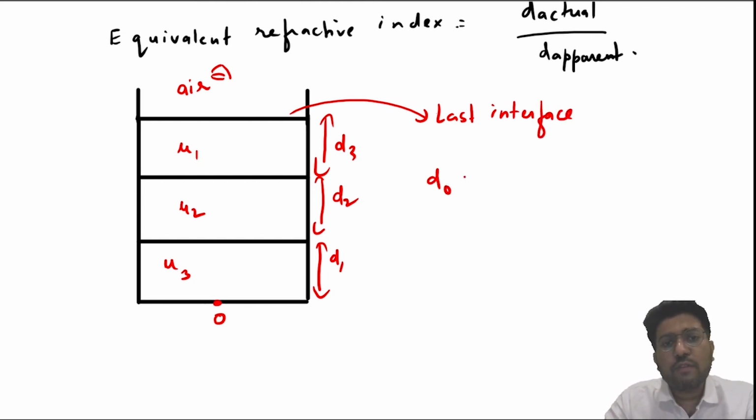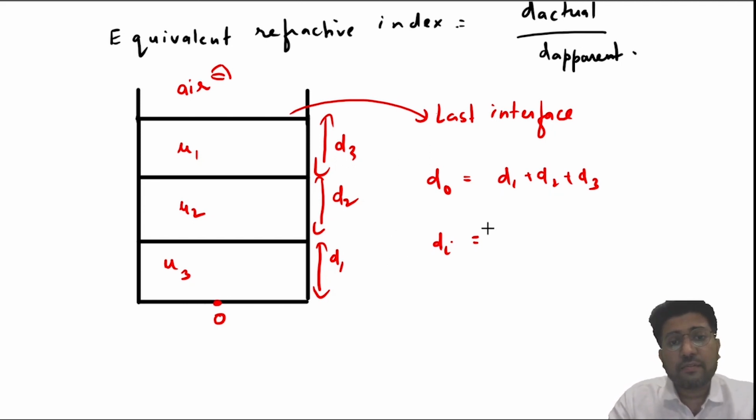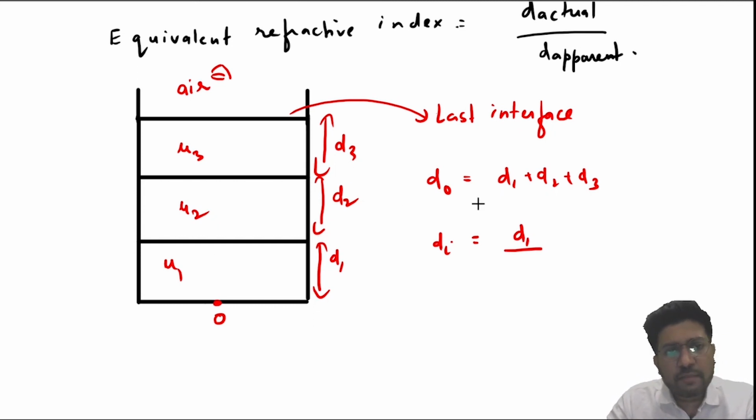So DO will be how much? DO will be D1 plus D2 plus D3. DI will be how much? Remember the formula. Let us say these are mu1, mu2, mu3, so that there is no confusion. Di will be equal to D1 by mu1 relative.